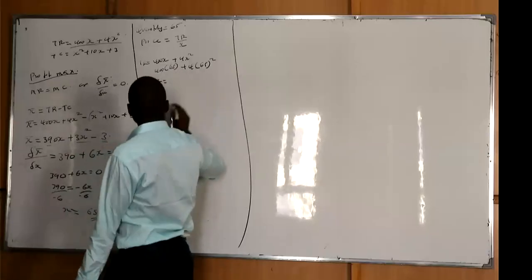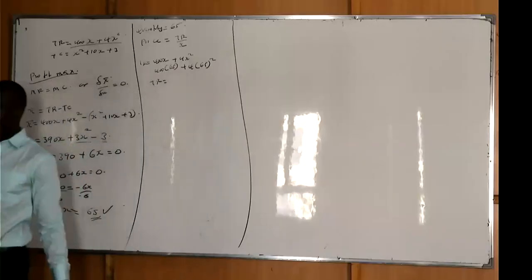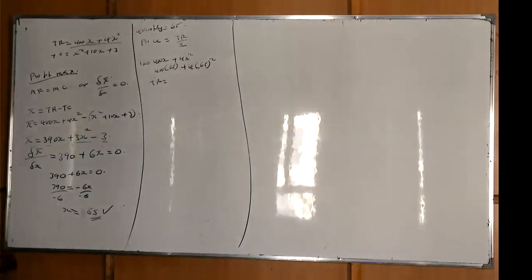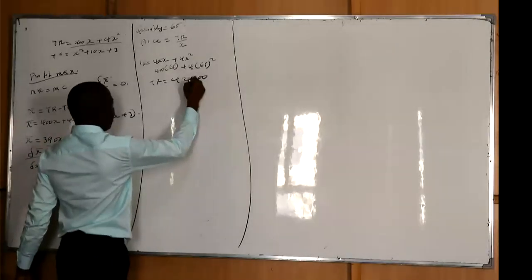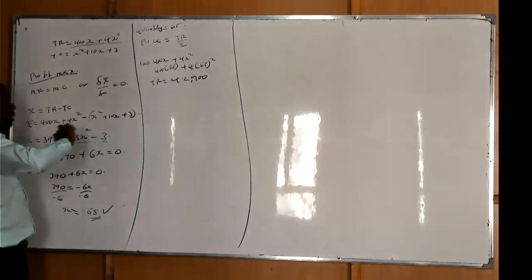You get total revenue equal to 42,900. So this is the total revenue.